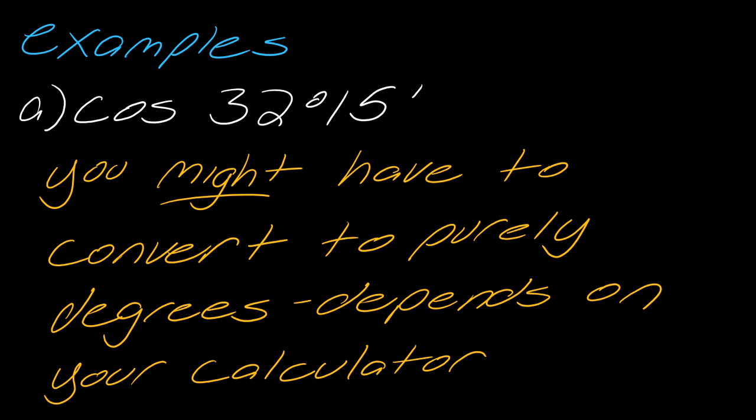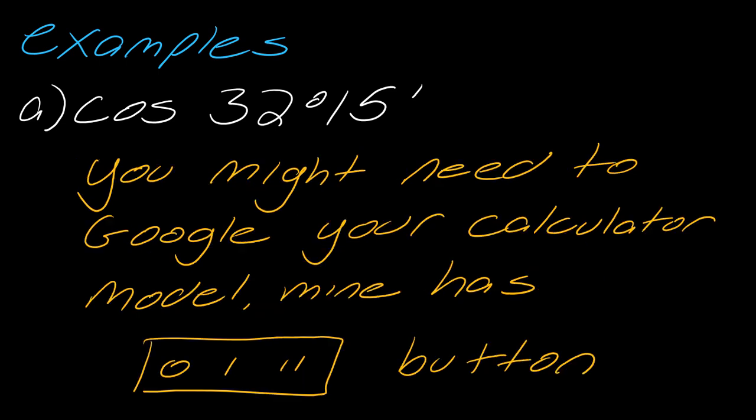It depends on your calculator. So you might need to use Google to find out if your calculator has a degrees and minutes button. My calculator has this, so it has degrees, minutes, and seconds as a button. And so then I can just enter this straight in and do it like that.